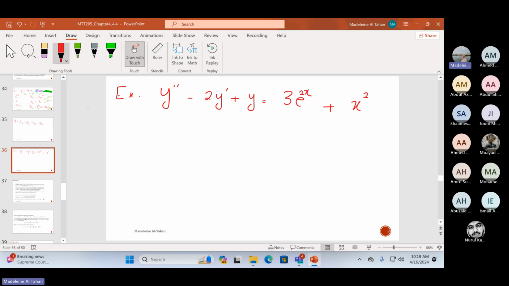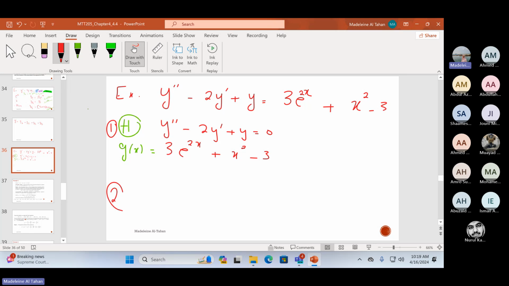So, what's the homogeneous part and what's g of x? The part on the left is homogeneous, the part on the right is g of x. So this is 3e^2x plus x squared minus 3. And this one, y double prime minus 2y prime plus y equals 0.